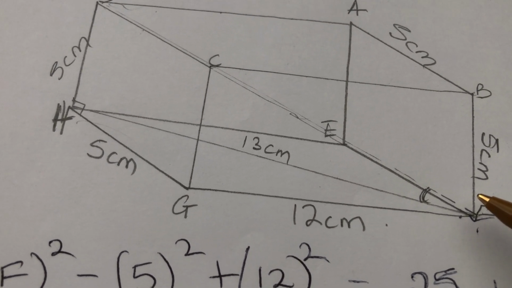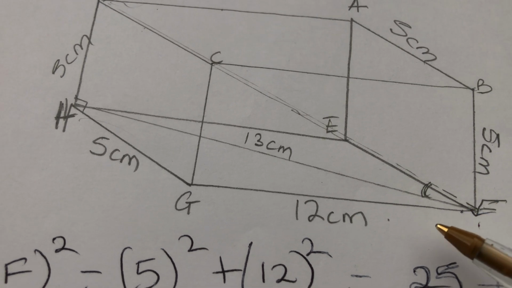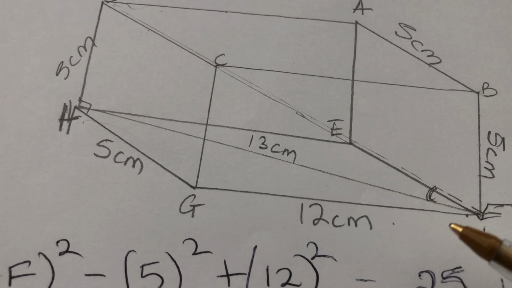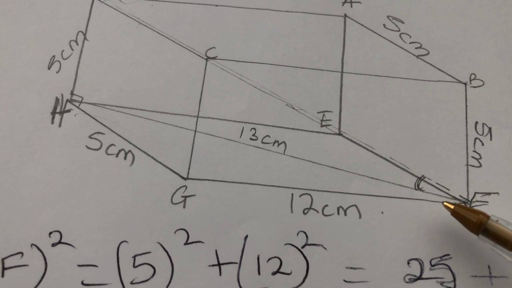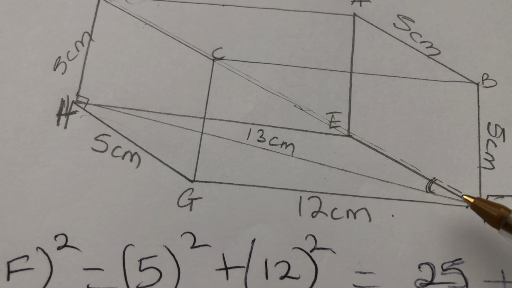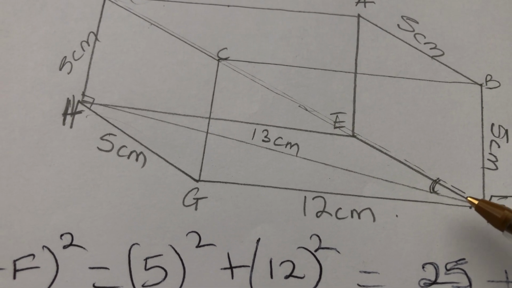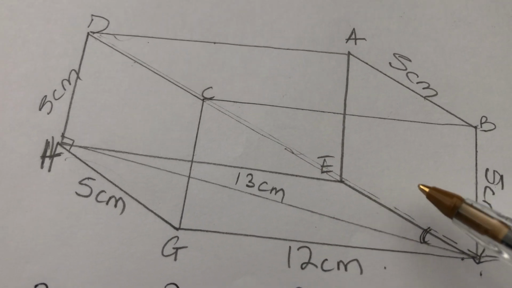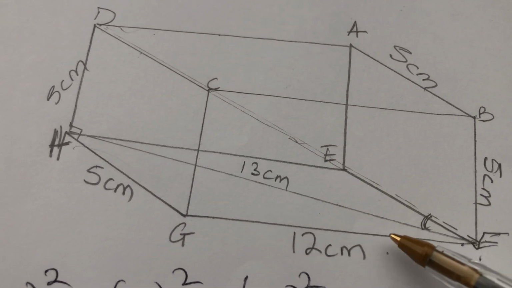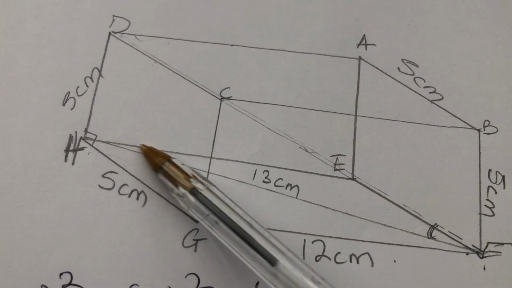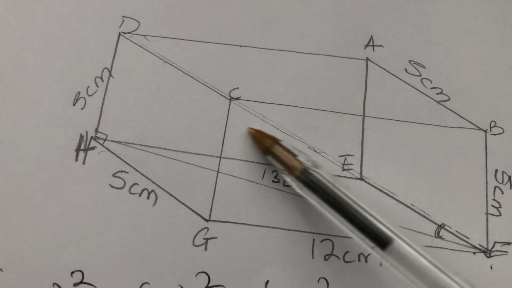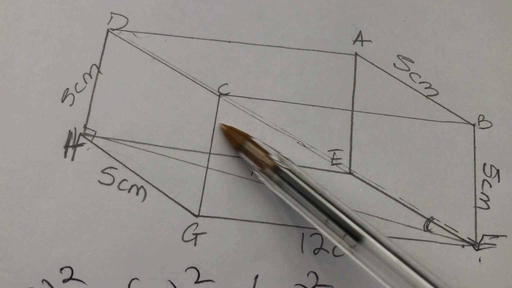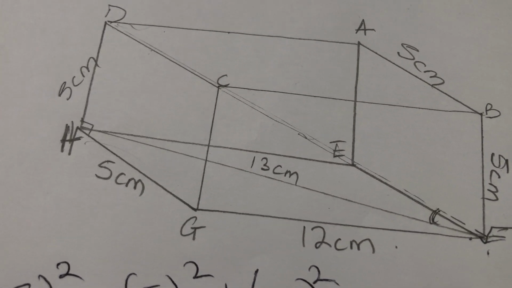That's why at times it's good to sketch the diagram, because sketching will show you. Assuming they gave you the diagram, you have to visualize what I've told you. Immediately you can find a diagonal, you can create another right angle triangle.